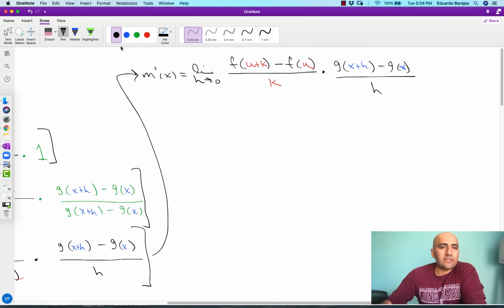Okay, so again, remember this limit applies to everything, so I should wrap it in parentheses like this.